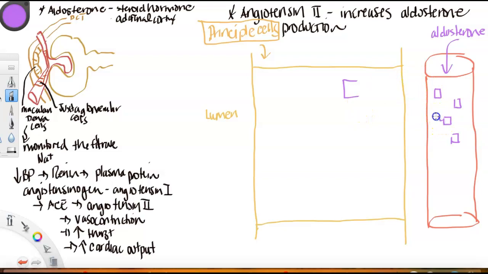So when it comes through, it's going to diffuse through the membrane and bind to the receptor inside the cell. It's a steroid hormone, so of course its function is protein synthesis. Okay, so it's going to stimulate this cell, this principal cell, to make proteins.